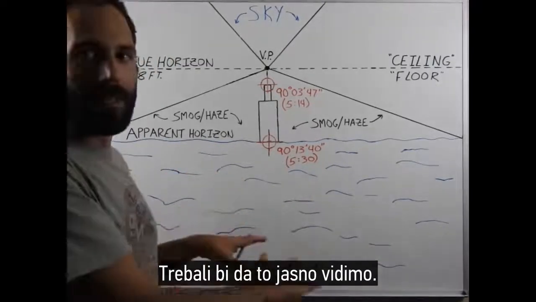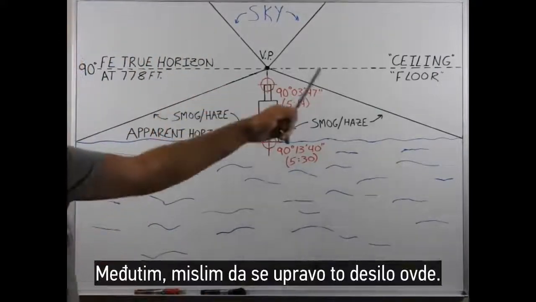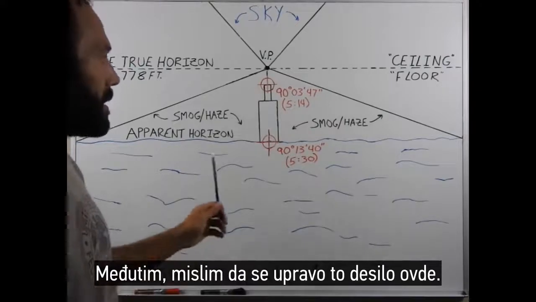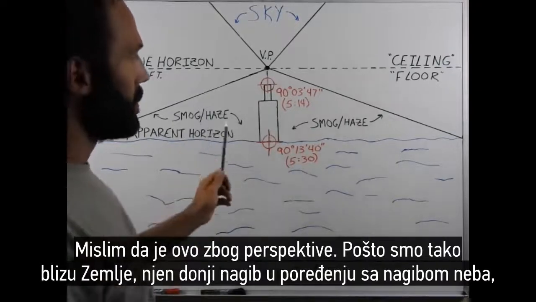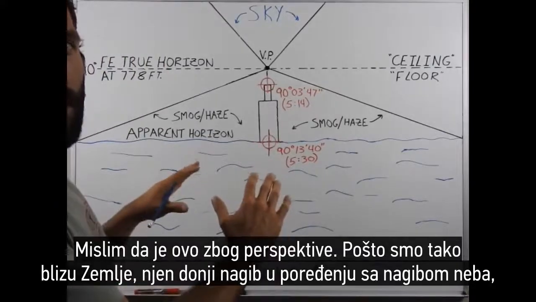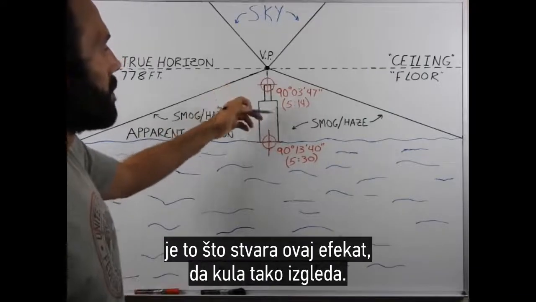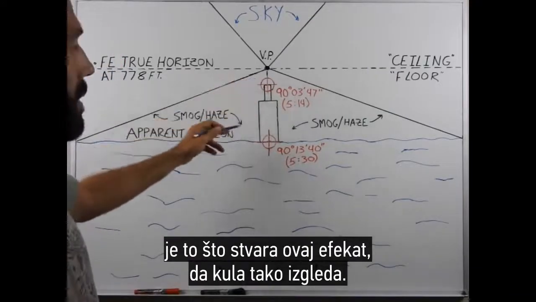We would be able to clearly see that. Just my opinion, but I think this is what's happened here. I think this is due to perspective. Being so close to the Earth, the way the Earth slopes, the lower slope of the Earth as compared to the sky, is what is creating this effect, what is making this tower appear like this.